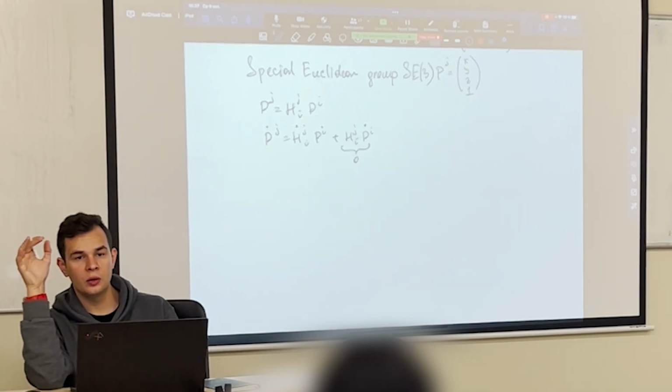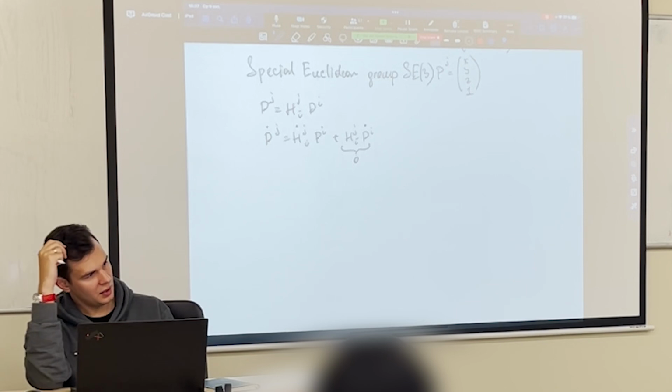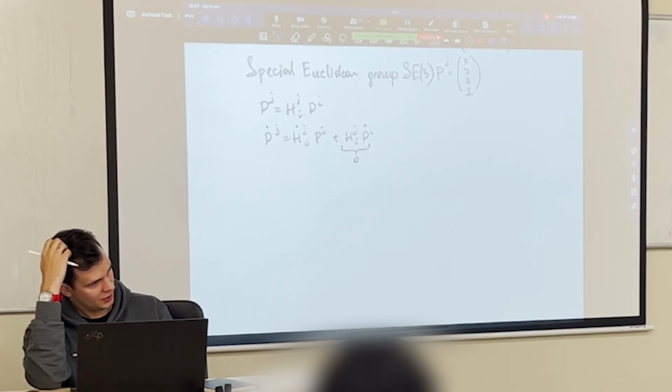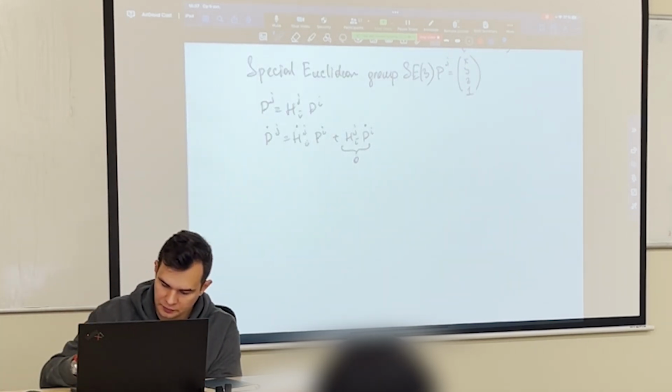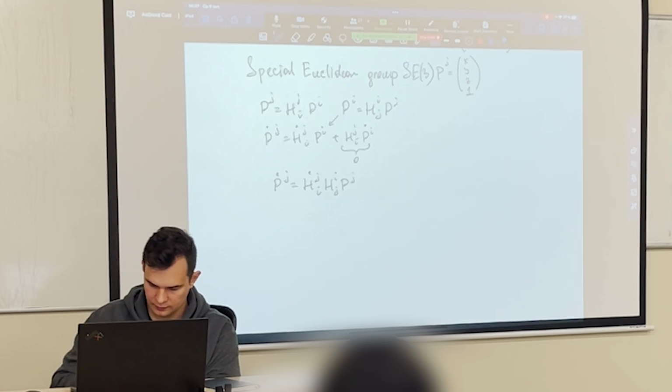But it only holds for the rigid body. For the elastic body, it's not the case. And Pi equals Hij Pj, which we can put here. So basically, the derivative of Pj equals the derivative of Hji times Hij times Pj.